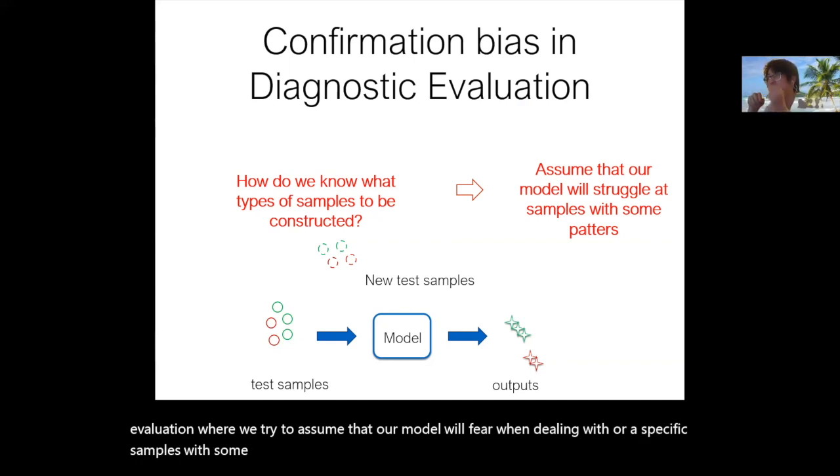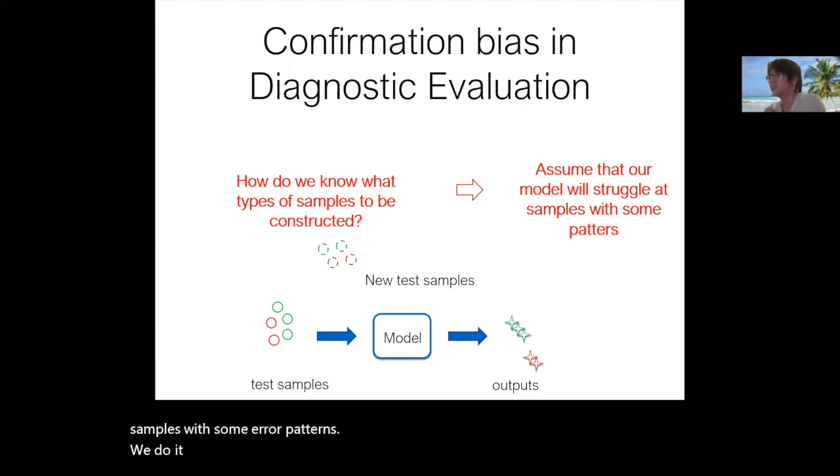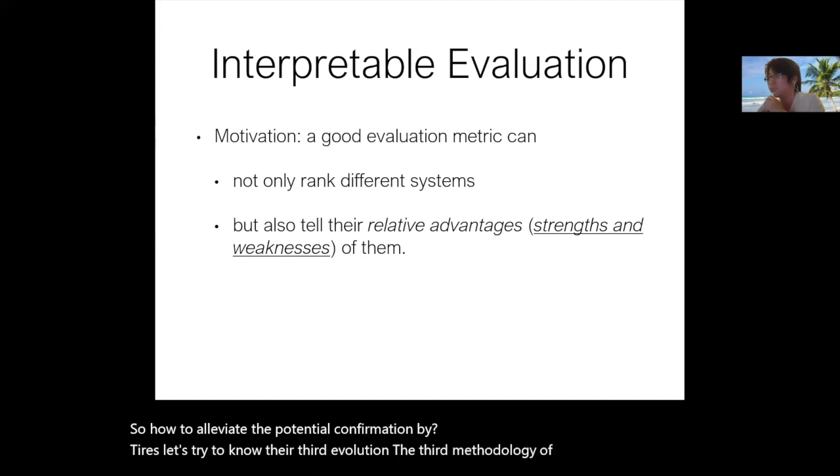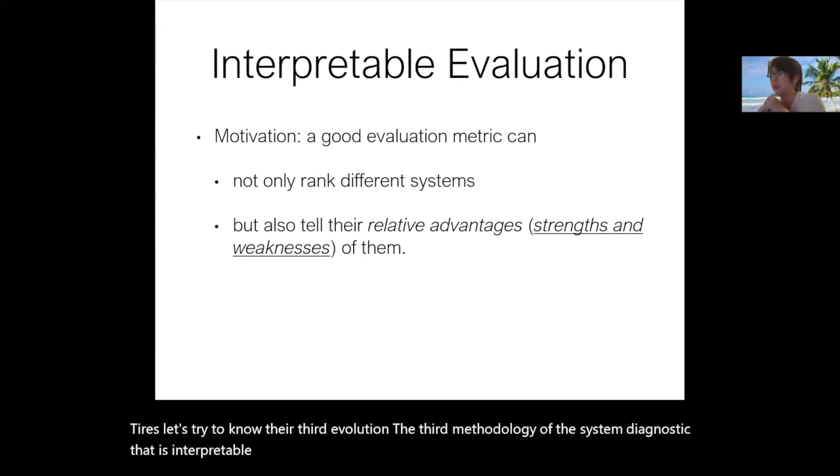So how do we alleviate the potential confirmation bias? Let's look at the third methodology of system diagnostic, that is interpretable evaluation, which could slightly alleviate the confirmation bias, but not completely.